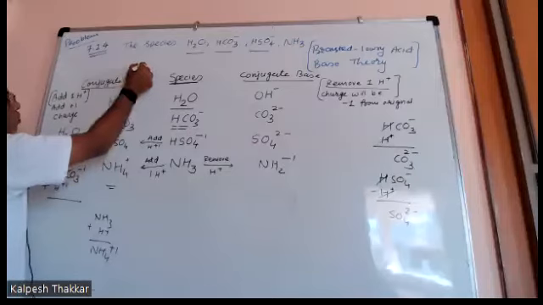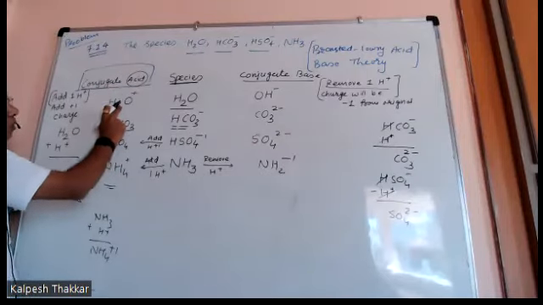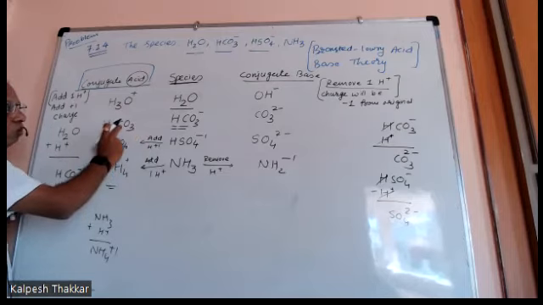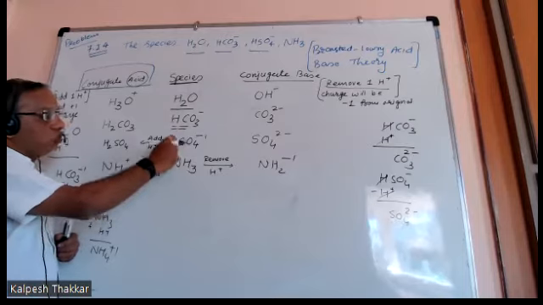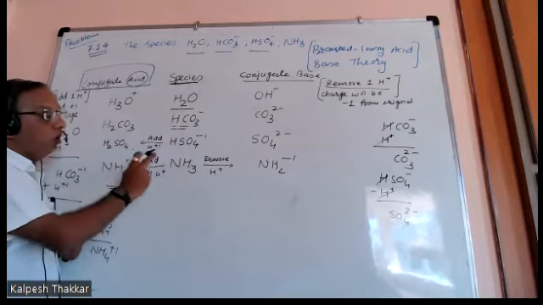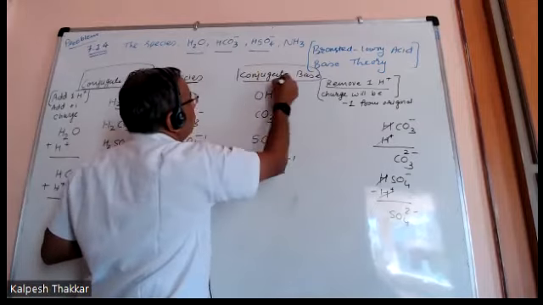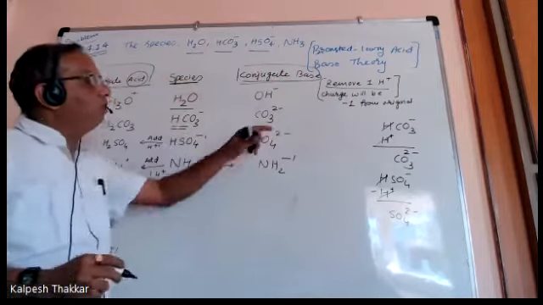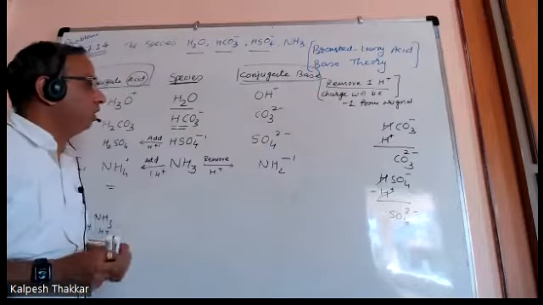These are the conjugate acids: H3O plus of H2O, H2CO3 of HCO3 minus, H2SO4 of HSO4 minus, and NH4 plus of NH3. Similarly, for conjugate bases, based on the same approach, remove H plus and subtract 1 from the charge.